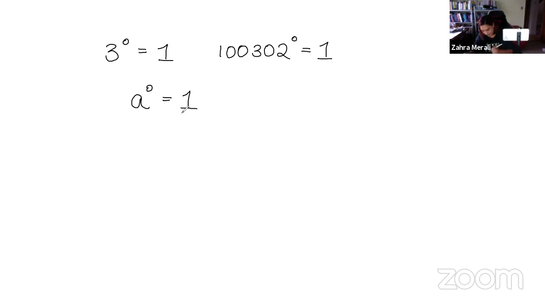So next rule is a fractional index. What I mean by that is when we have a fraction, it goes onto the bottom. So let's think about what happens. Let's see if we can have a pattern which will help you see what's going on. So let's say we take 3 cubed.